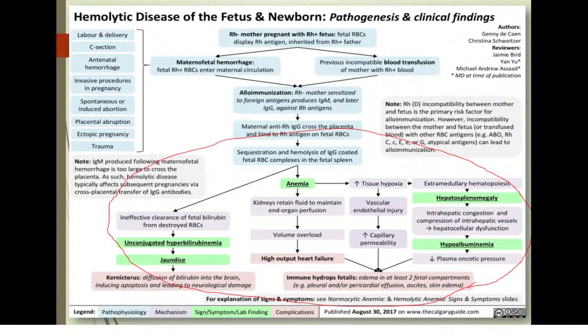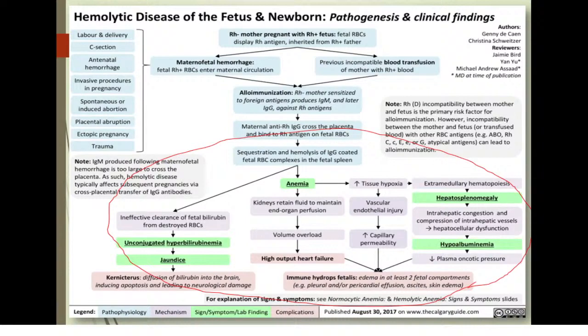Failure to initiate spontaneous effective ventilation because of pulmonary edema or bilateral pleural effusions results in asphyxia.